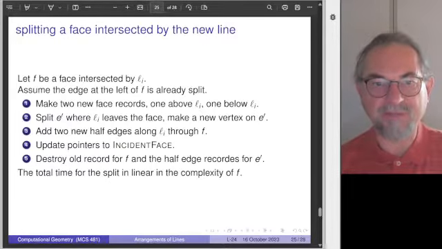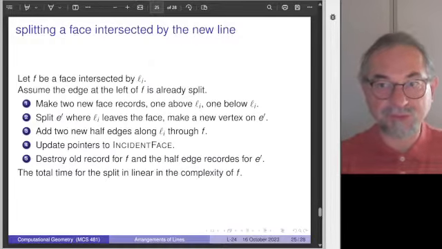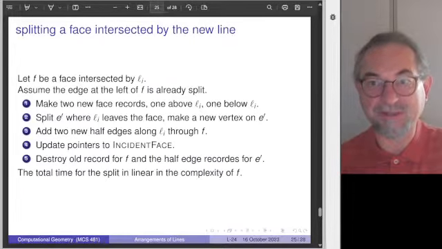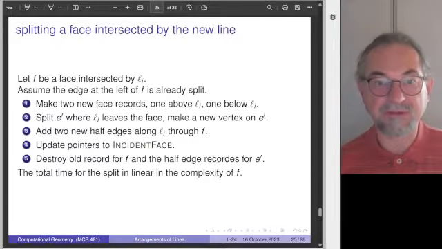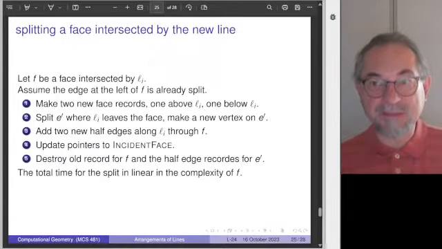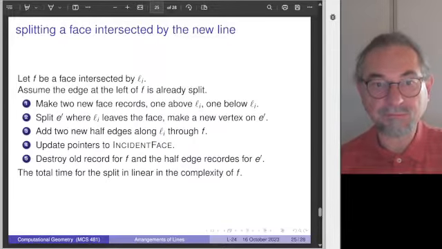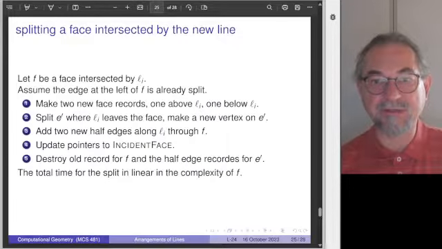So this is where the half edges come in, and there are the pointers. The doubly connected edge list is not only the picture, but is actually defined by the tables: the vertex records, the edge records, and the face records. So every face is again a convex region. So the total time for the split is linear in the complexity of the face.